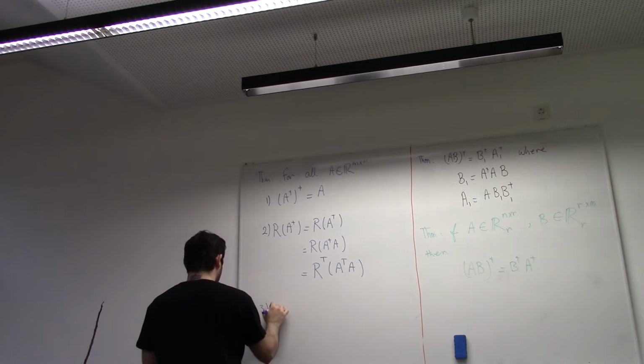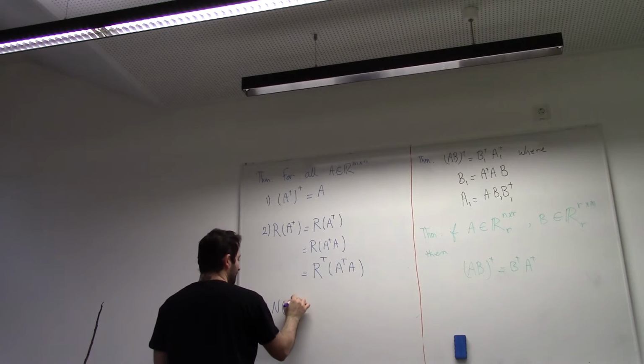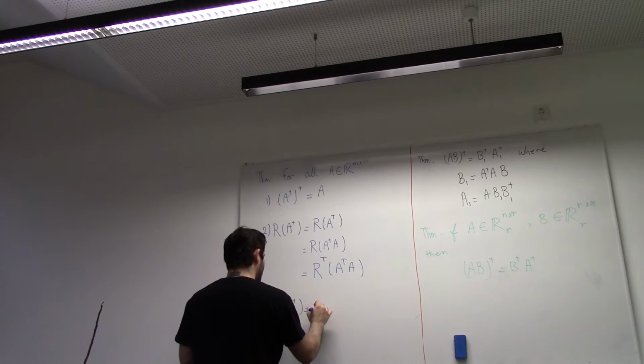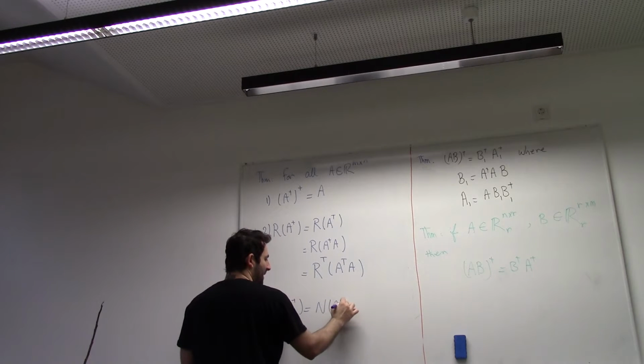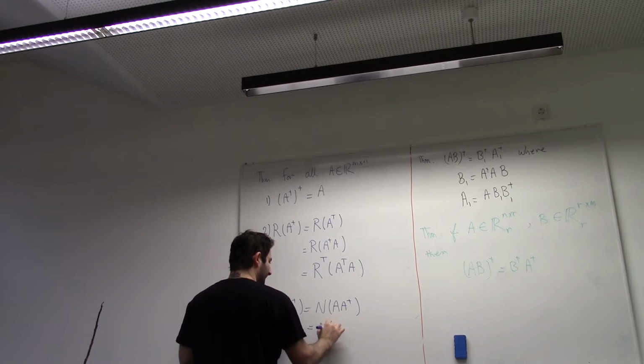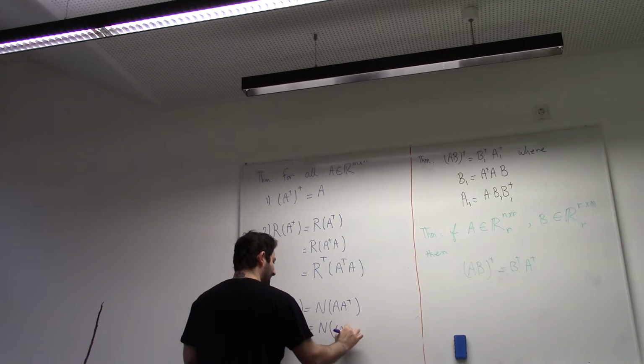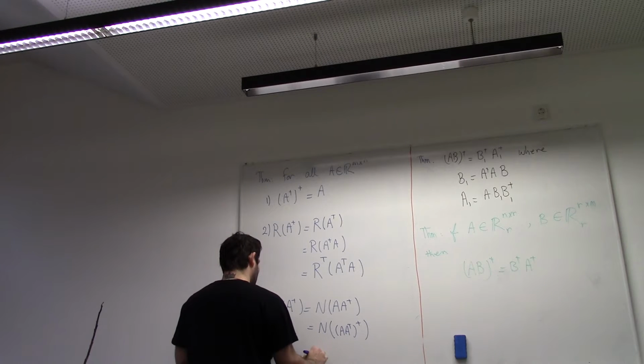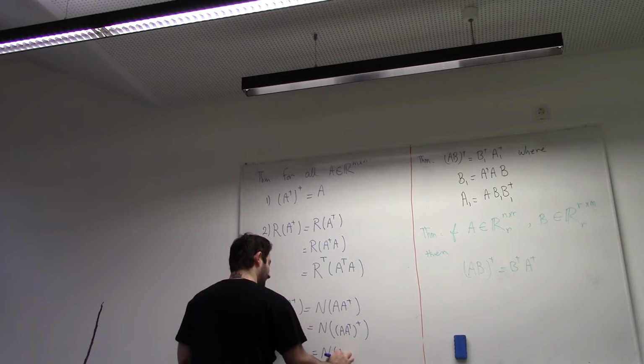We can say the same thing for the null space of A⁺, which is the null space of AA⁺, which is the null space of (Aᵀ)⁺, which is the null space of AAᵀ, which is the null space of Aᵀ.